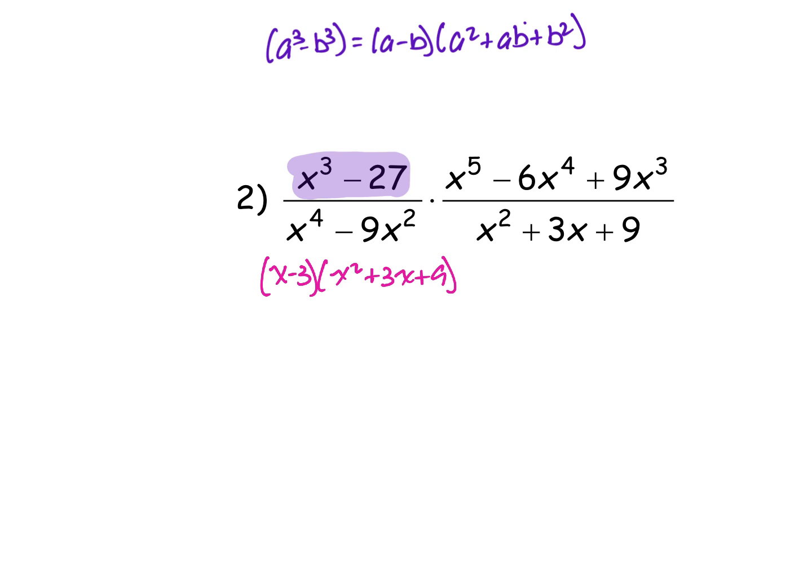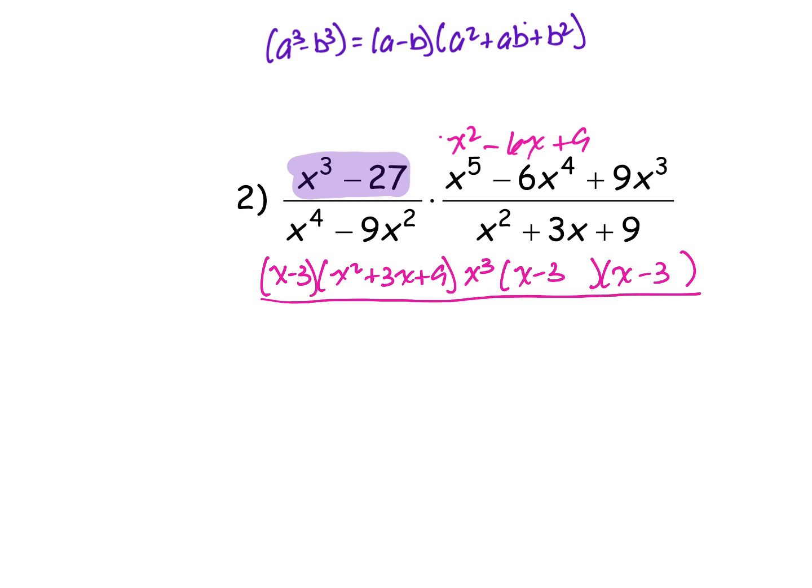And then this other part, I think I can factor an x cubed out of this. So if I take an x cubed out, I get what? X squared minus 6x plus 9. And so that factors to, what does that factor to? X minus 3 and x minus 3.